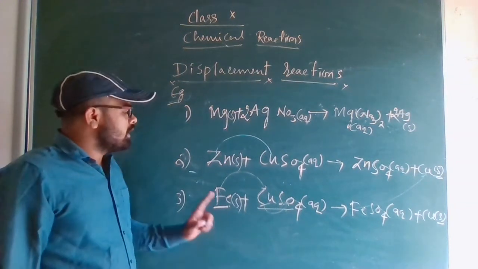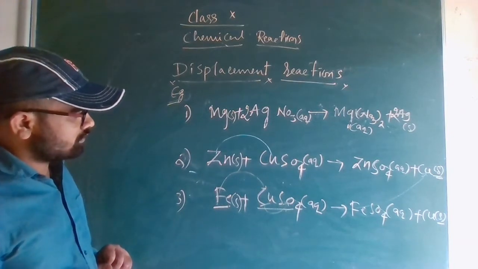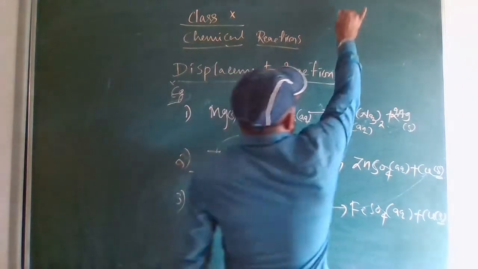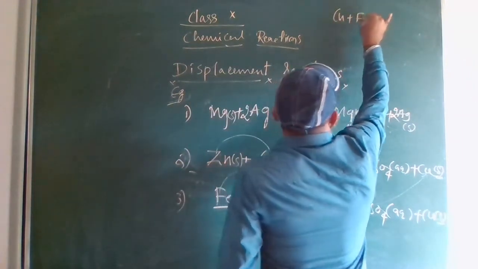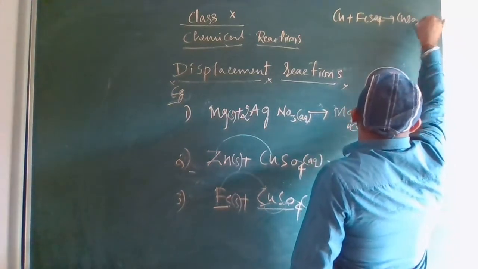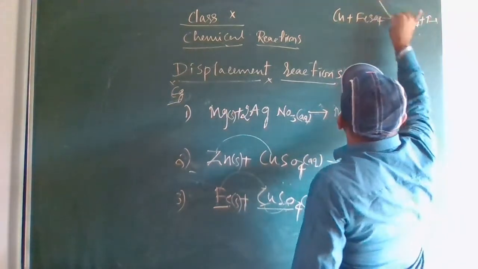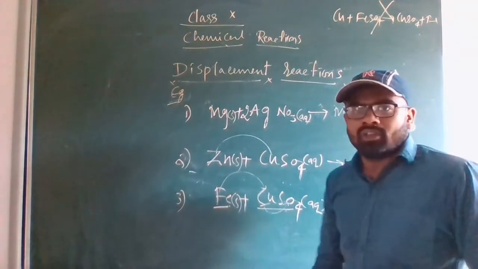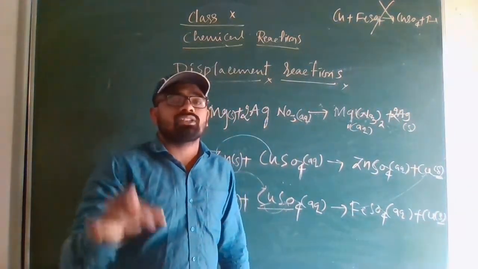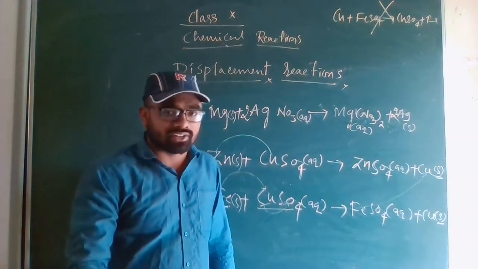Okay, see now my question is, is it the same case? If Cu plus FeSO4 is there, can it displace to give CuSO4 plus Fe? No, this is not possible, because copper is less reactive than iron.